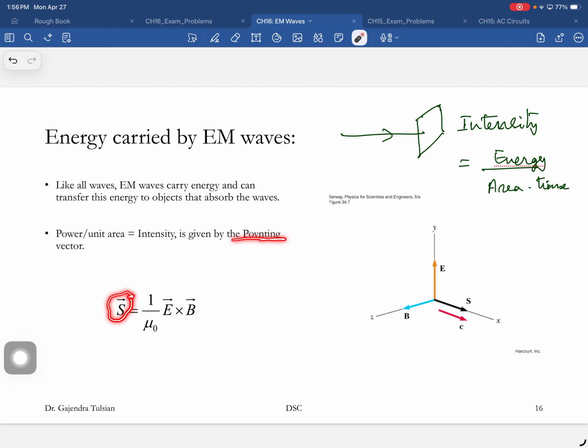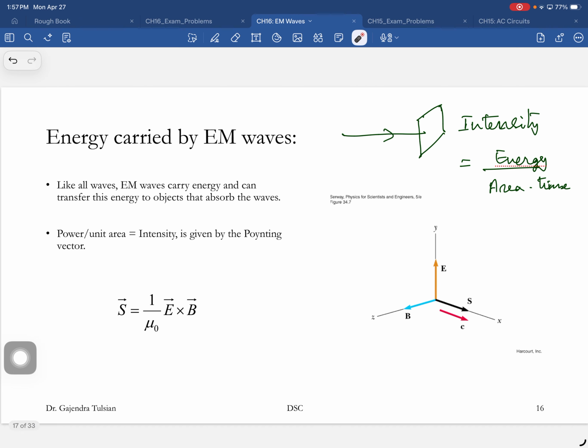Now let me first give you a mechanical example. What is the kinetic energy of a moving object? 1/2 mv squared. What is the momentum of the object? mv. So you can see that the momentum is energy divided by velocity, except for this factor of half.